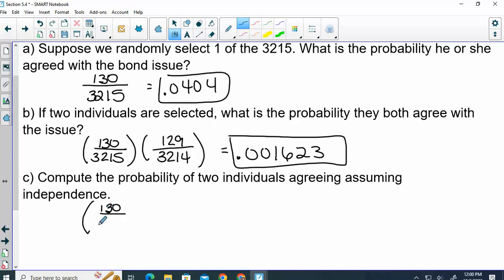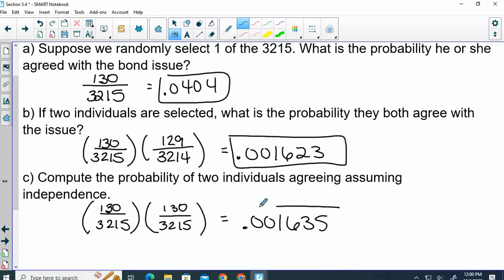We don't change the numbers, or you could think of it as squared. We just have the same thing twice. That's more like what we were doing yesterday. And we get a very, very similar probability. Just slightly different.